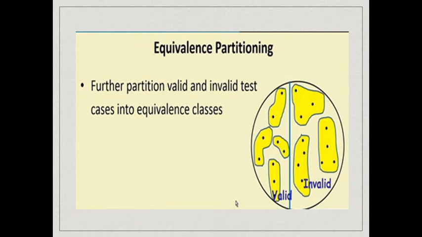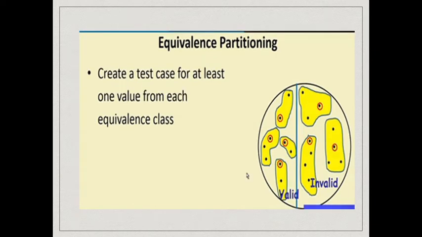Next, once we do that, we can pick any value from each of these and that will form our test cases. But then the question is how does one be sure that he has identified all the valid and all the invalid equivalence classes? It is more to do with practice. Identifying equivalence classes is not really trivial, where you just look at the problem and say these are valid and these are invalid.